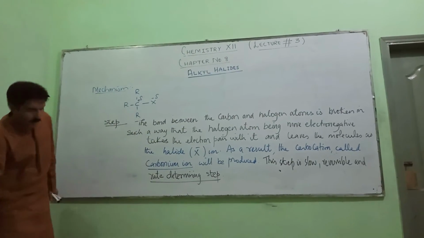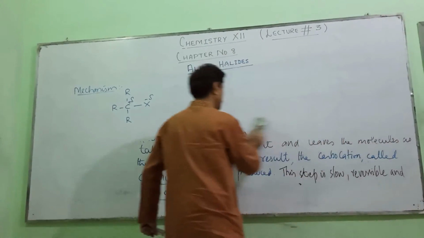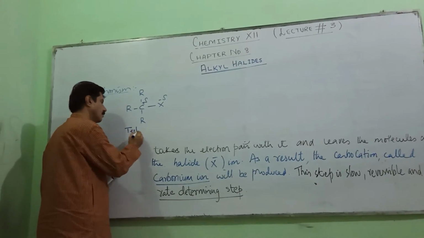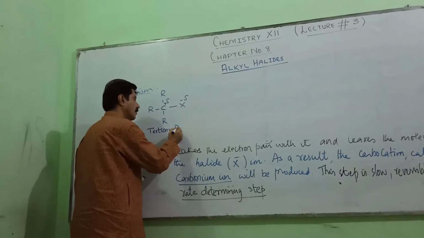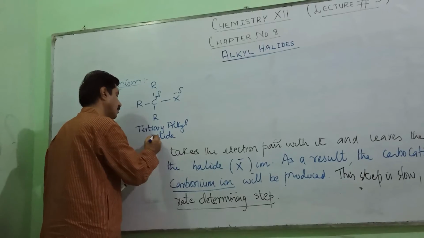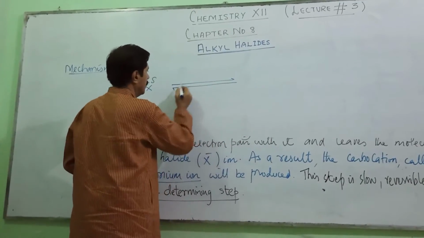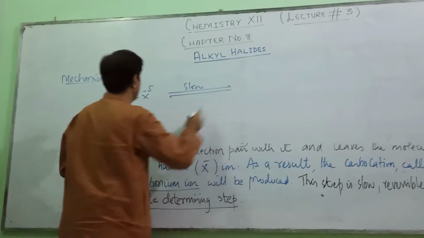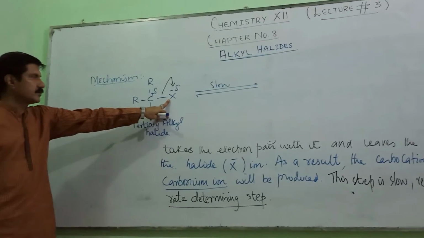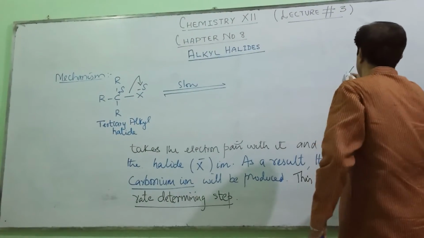Now this is the general representation of a tertiary alkyl halide. The halogen atom, being more electronegative, will get the electron pair with it and leaves the molecule as the leaving nucleophile.